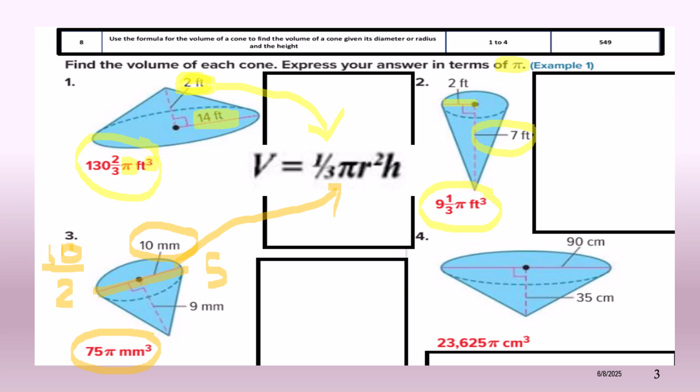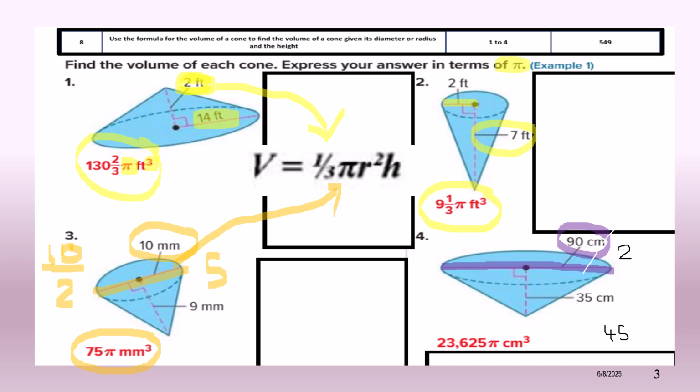Similarly, in example 4, we have diameter. They have given us the diameter of 90. Quickly divide that by 2. 90 divided by 2 will give you 45. So now your radius is 45.